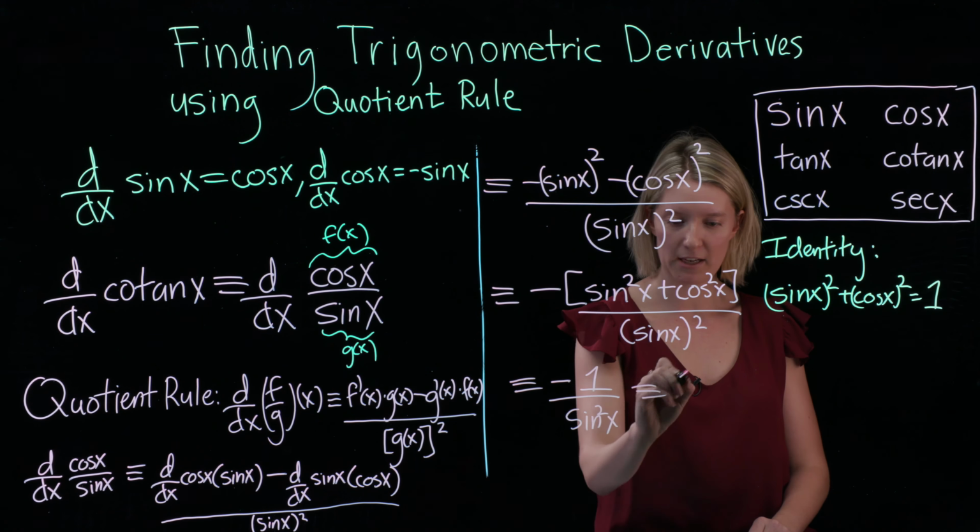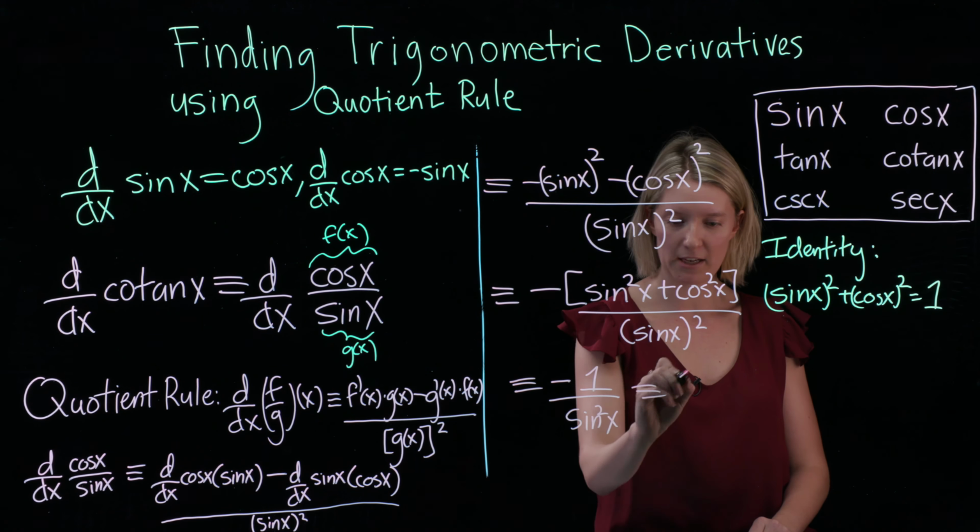So I have negative cosecant of x times cosecant of x. Altogether gives me negative cosecant x squared. So altogether, the derivative of one of the maybe more difficult trig functions, cotangent of x, is equal to negative cosecant x squared.